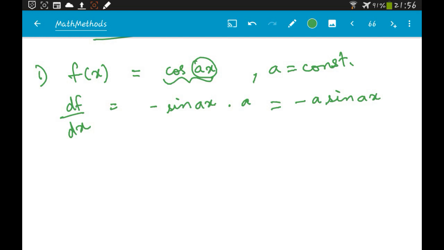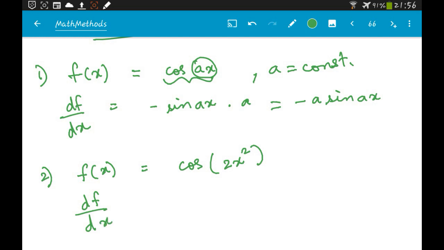Okay. Let's do another problem, which is f of x is equal to cos of 2x square, right? So now what will you do? Again you do the same thing, df by dx: differentiation of a cos function will be minus sine, so it will be minus sine of 2x square.